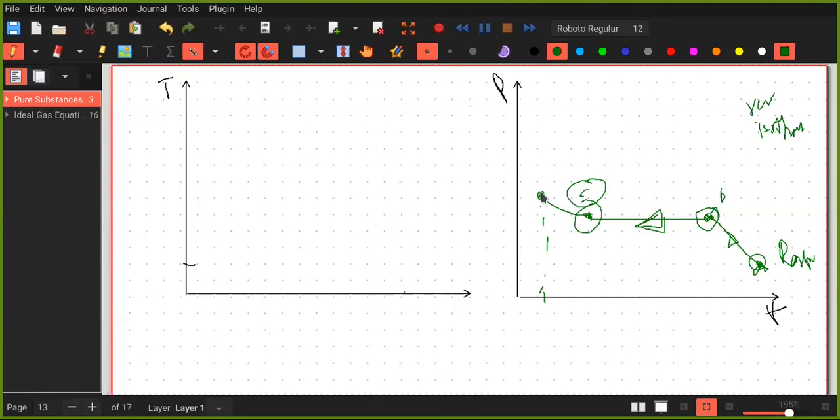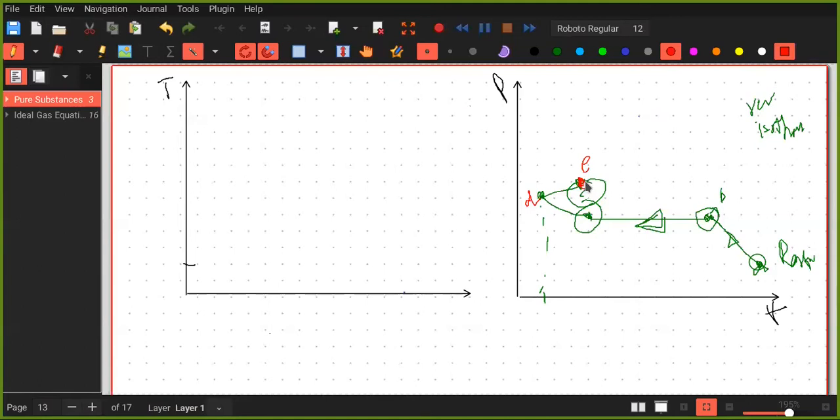So it will move to a point like here, which should be point E, which will be the saturated subcooled liquid line.